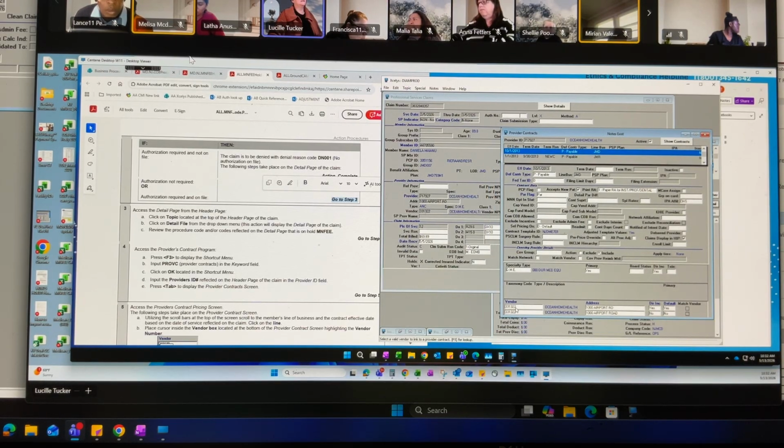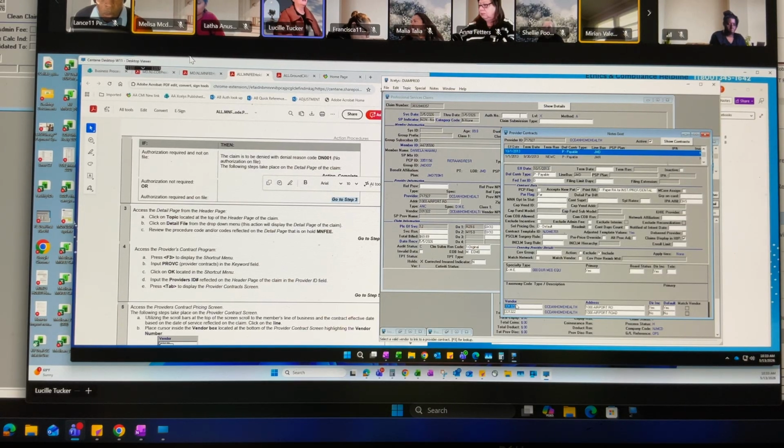So notice this vendor is down here twice. Do you see that, team? So if you see that, you want to pick the one that is set as a default, okay? So the same vendor ID number is listed here twice in the provider contract screen. We're going to pick the one that is listed as the default.